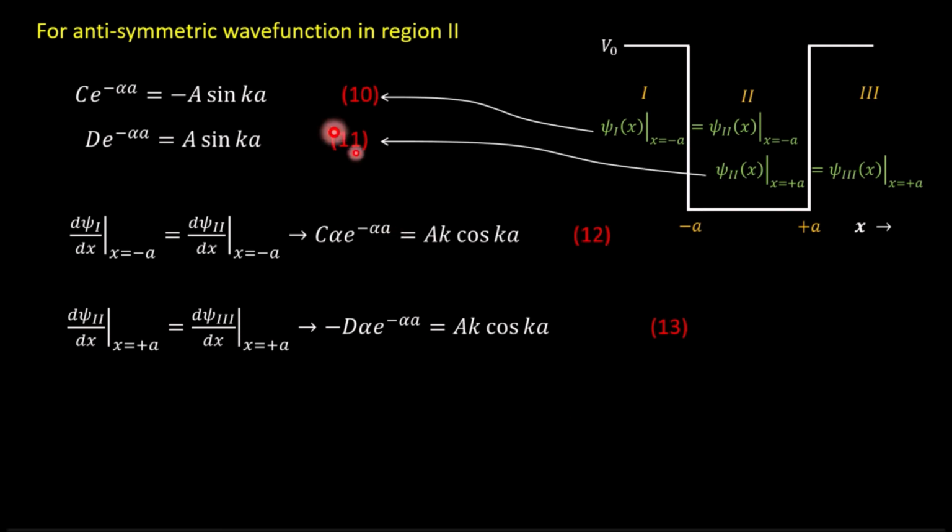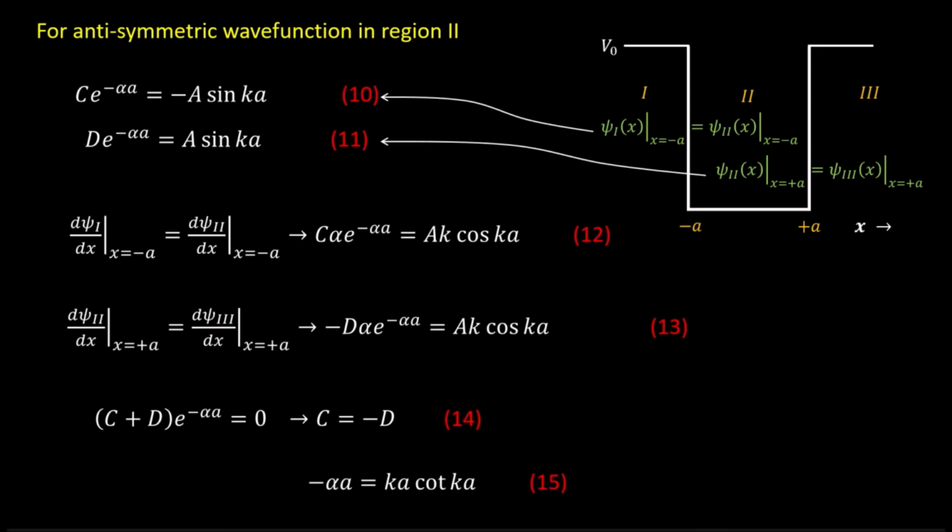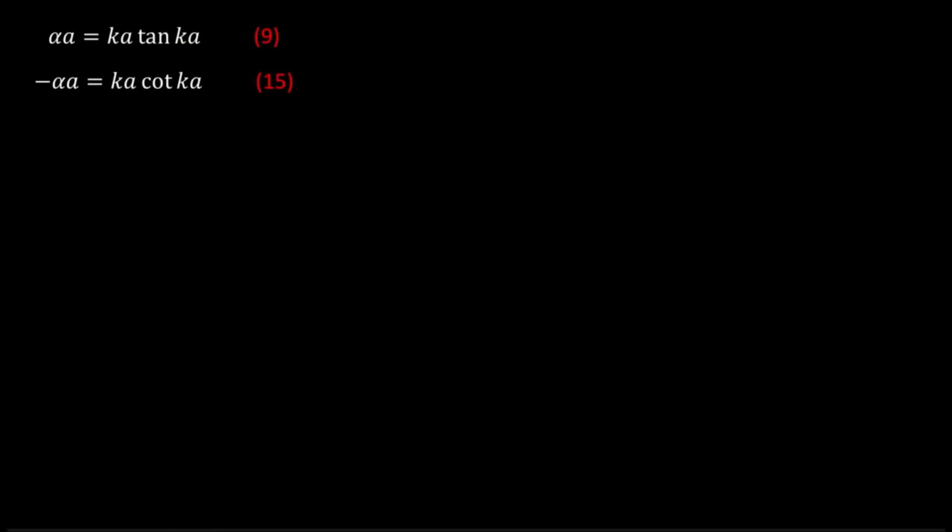Here if we add equations 10 and 11, it shows us that c is equal to minus d, and if you divide equation 13 by 11, we get minus alpha a is equal to ka cot ka. These equations 9 and 15 can be solved numerically or graphically to obtain the energy eigenvalues.